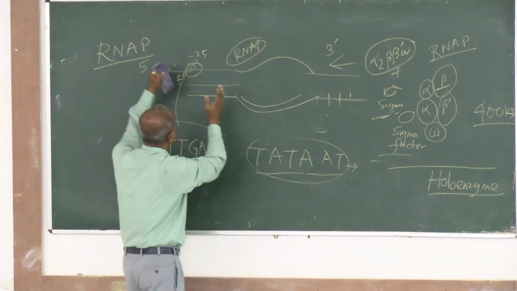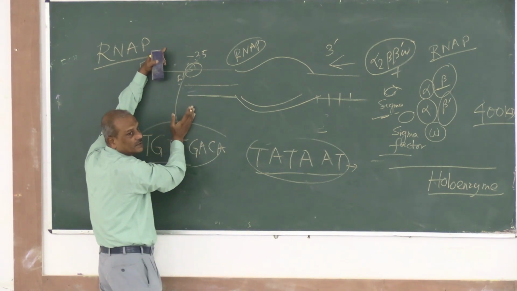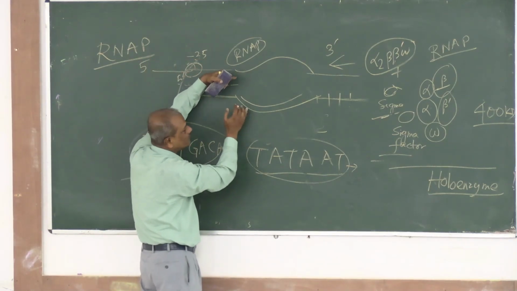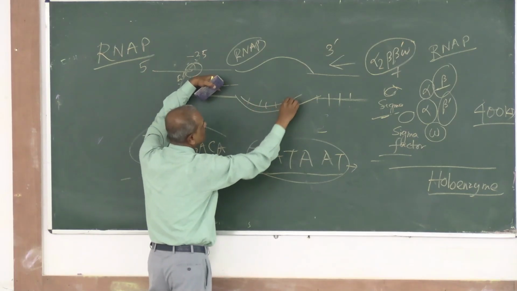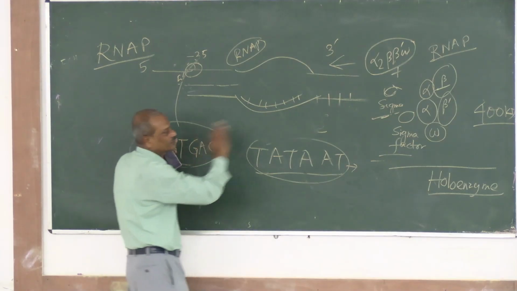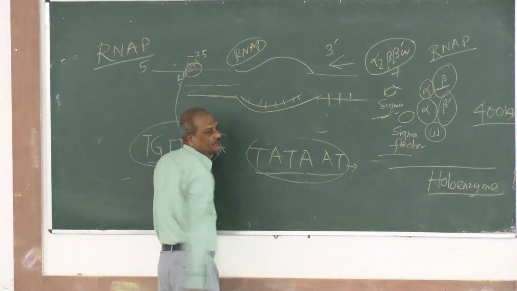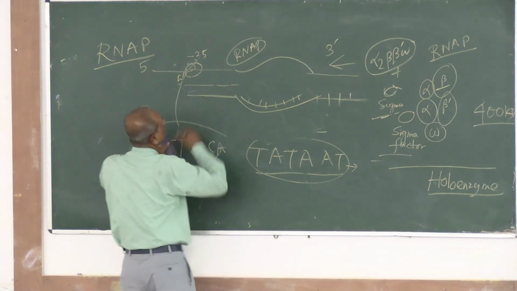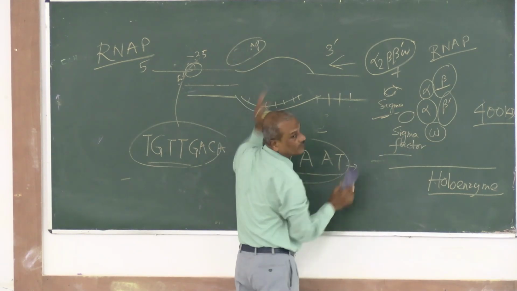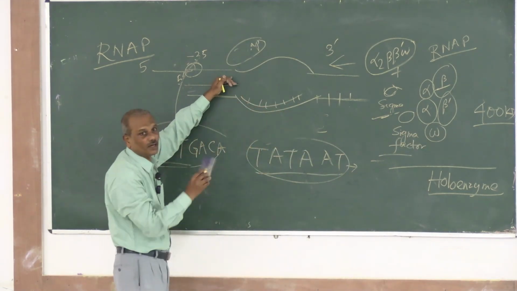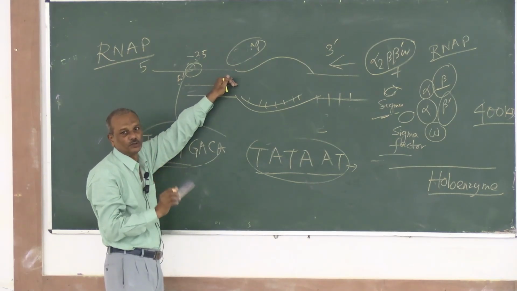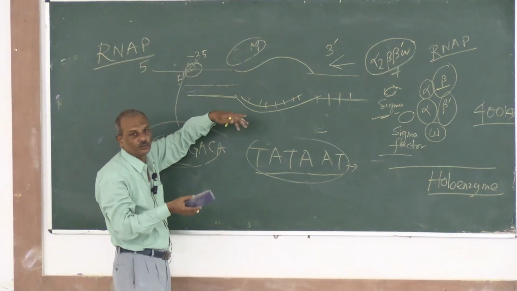It has been attached to the promoter region for so long, it has unwound the DNA, and some synthesis of 3 to 10 base pairs has taken place. Now this needs to be released because RNAP has to work downstream. When this unwinding occurs, there are temperature-dependent conformational changes of the RNAP, which allow the RNA molecule to unwind.